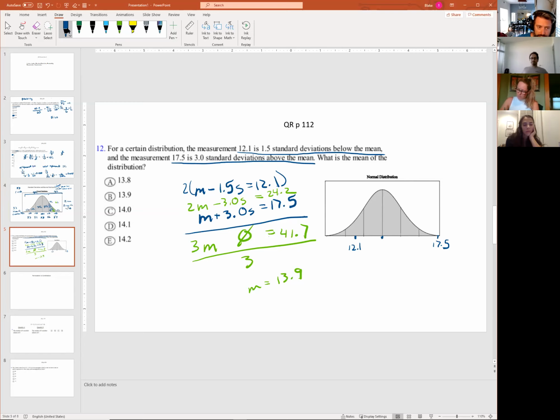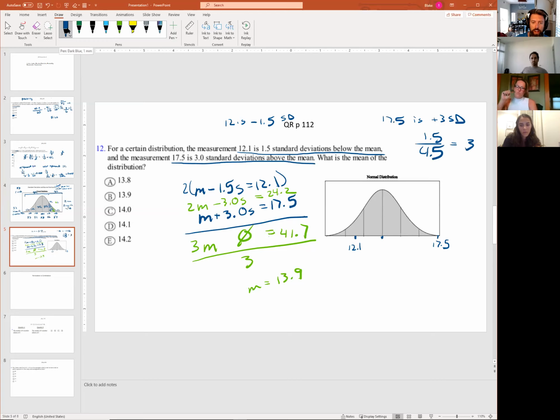Another way we can look at this is to say, well, this is negative 1.5 standard deviations, and 17.5 is plus 3 standard deviations. If we were to split this up, this is like 2/3 of the way. So another way to put it is our total here is 4.5. The distance between them is 4.5, right? Well, 1.5 over 4.5 gives us 1/3.